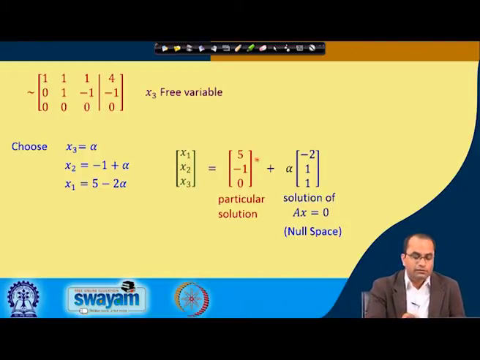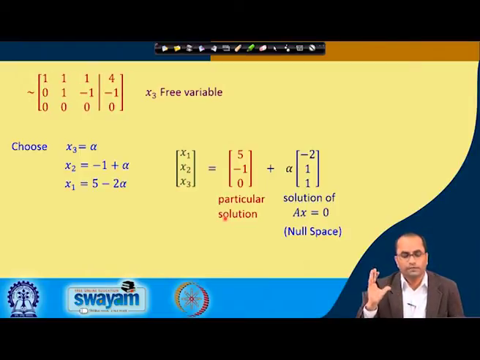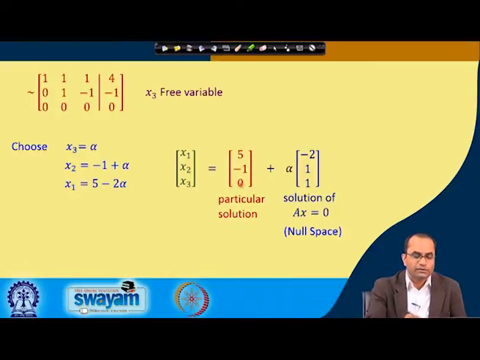Here the constant part without alpha, 5, minus 1, 0, is one particular solution of the given system Ax equals b. And this minus 2, 1, 1, multiplied by any number, satisfies Ax equals 0, the so-called homogeneous system of equations corresponding to our given system.